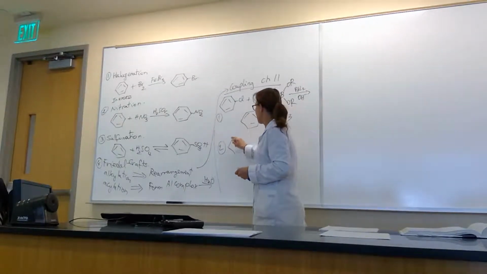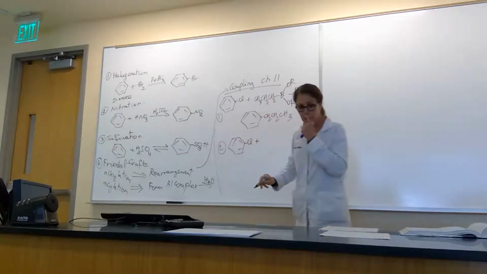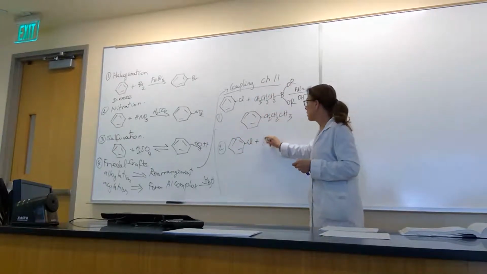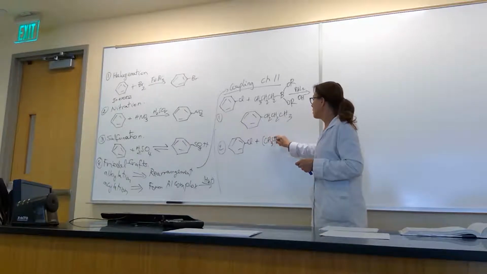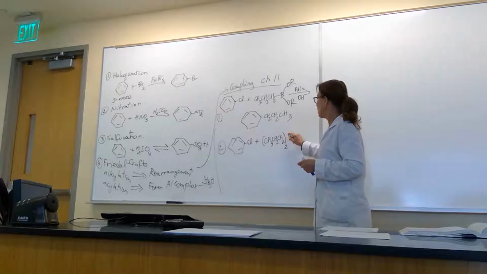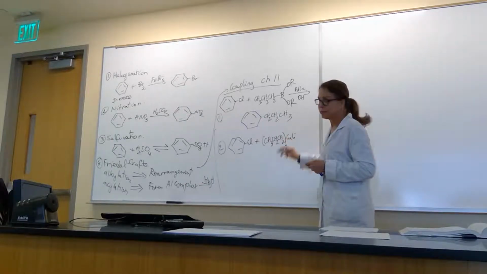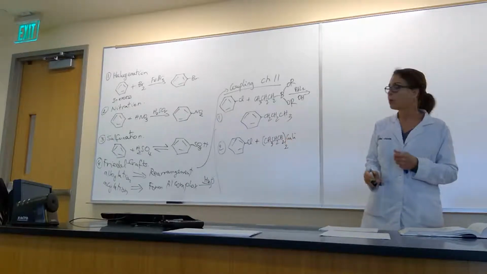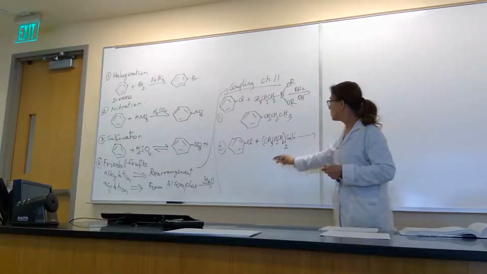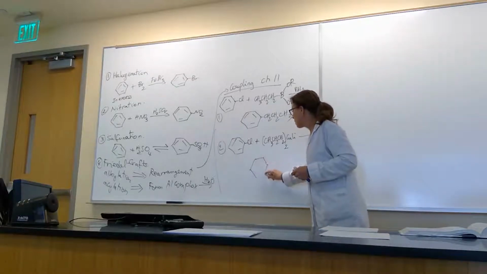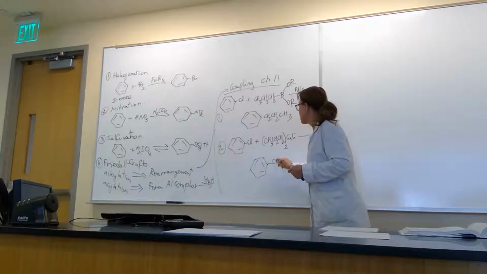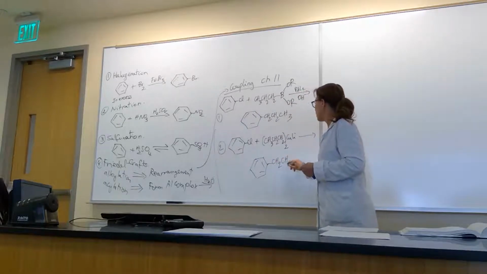We use the same thing, benzene that is chlorinated, and we use an organocuprate, for example (CH3CH2)2CuLi. This is called an organocuprate, and it produces this. So these are the alkylations without rearrangement.